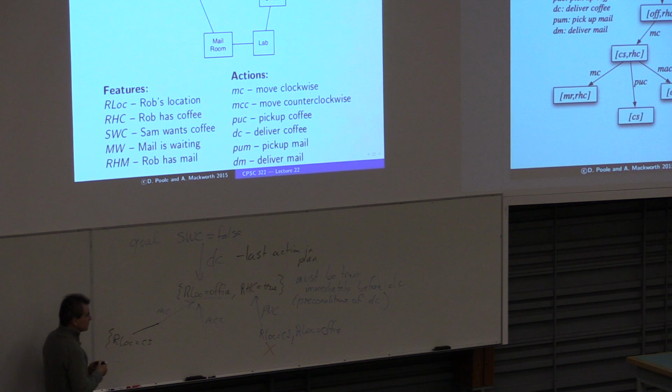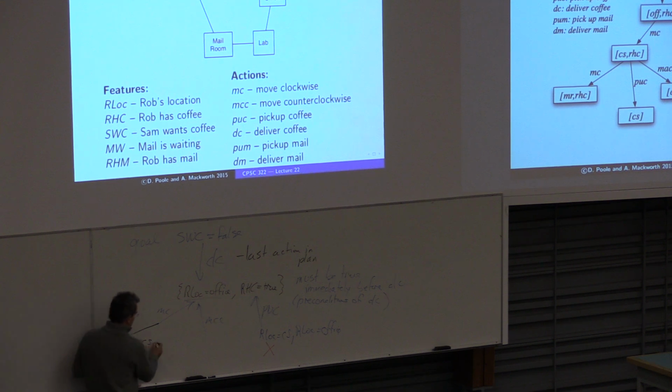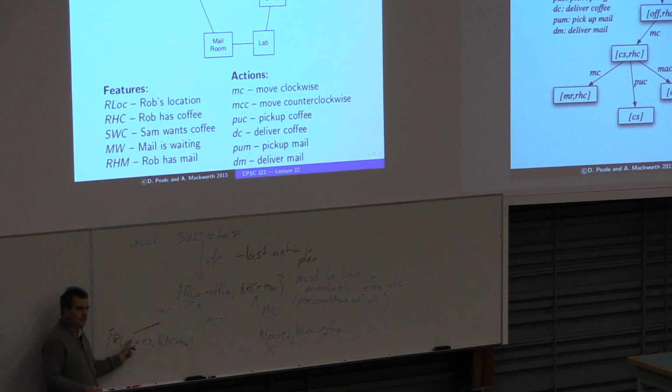And what else must be true? Right, you also have to have robot has coffee as true. Because the only way for both of these to be true after you move is for this to be true before you do it. Okay?